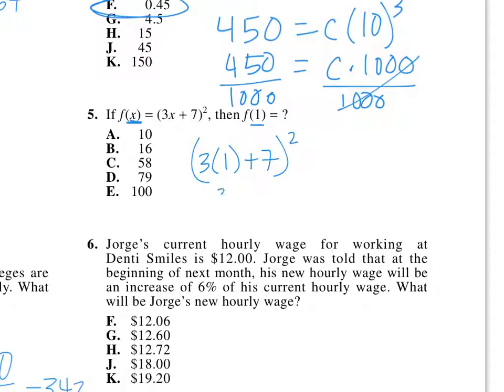So 3 times 1 is just 3, plus 7 squared. 3 plus 7 is 10 squared. 10 squared is 100. So whenever you see this f of x notation, and they're putting a different number or a different variable or sometimes even a different equation in where the x is, you just put whatever that thing is wherever the x is.